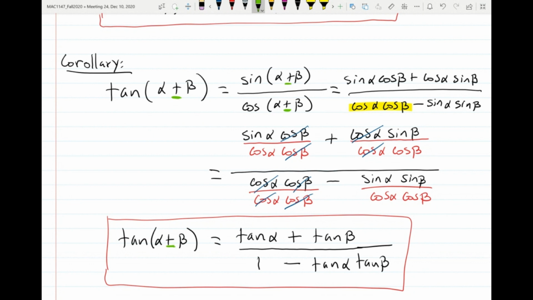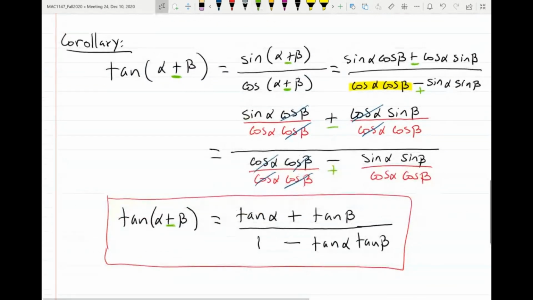Okay, so then on top, what do we get? Remember, when you do sine of alpha minus beta, that respects the symbol. So if it's minus, then it will still be minus on top. But the cosine flips it. So instead of being a minus, it's going to turn into a plus. And so that means that we have a minus here, and we'll have a plus here.